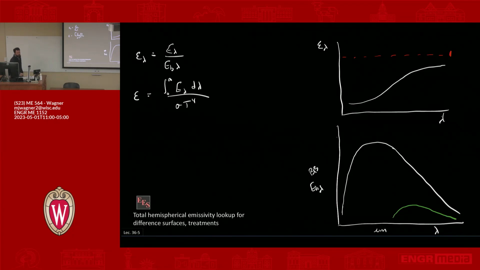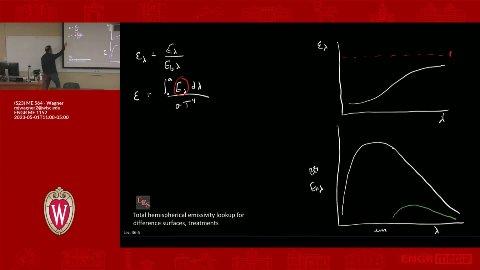So what we're saying here is, I need to come up with an expression for this piece here. Well, I know there's a relationship between E lambda, the emissivity as a function of wavelength, and the black body emissive power, which we know just based on Planck's law.